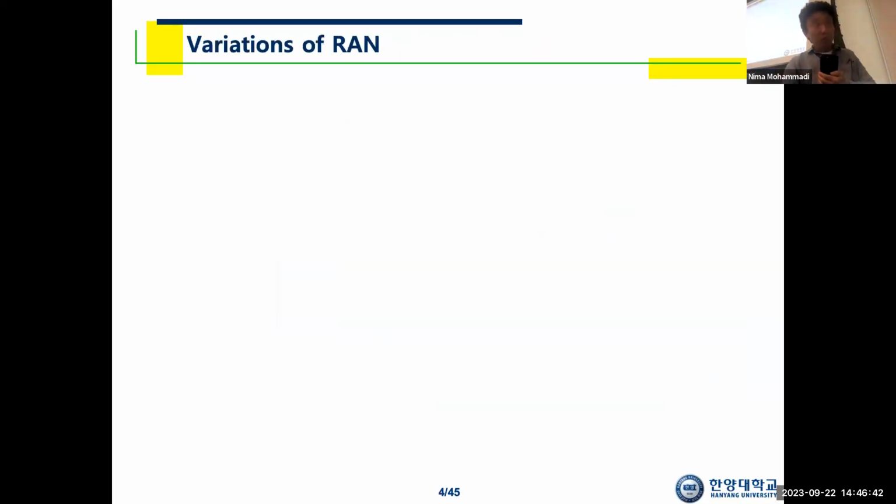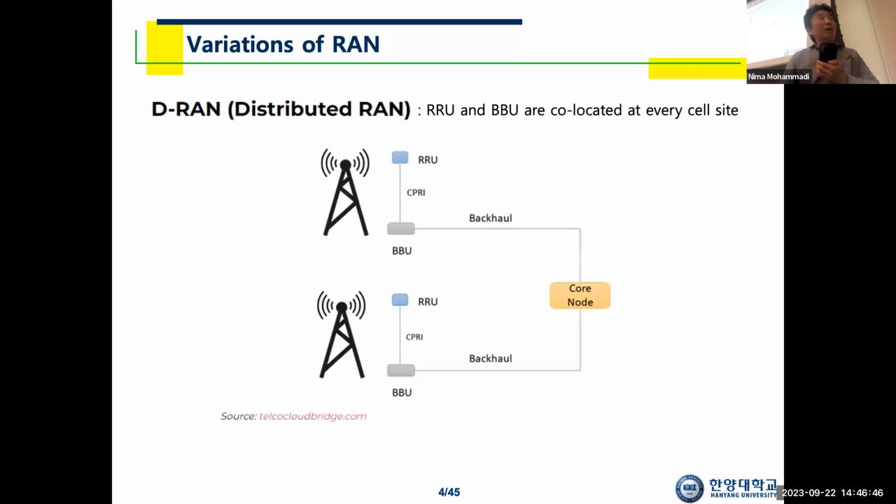With that, we want to see how that mapper, the radio access network, has evolved. At an early stage, we have this structure, which is denoted as distributed radio access network, in which you have antenna, radio unit and baseband unit at every cell site.